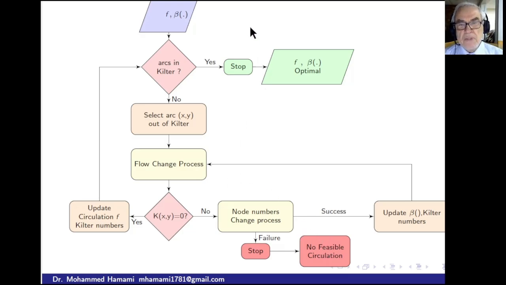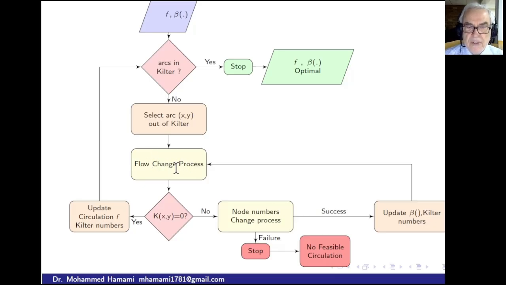This is based on the fact that all the operations that we do here in the flow change and the node change are of integer type. So if our input data is not a rational number, if you use an irrational number, then this flow change process is not finite. You may have an infinite number of iterations, like you're changing the flow by an infinitesimal number, and it could take an infinite amount of time.